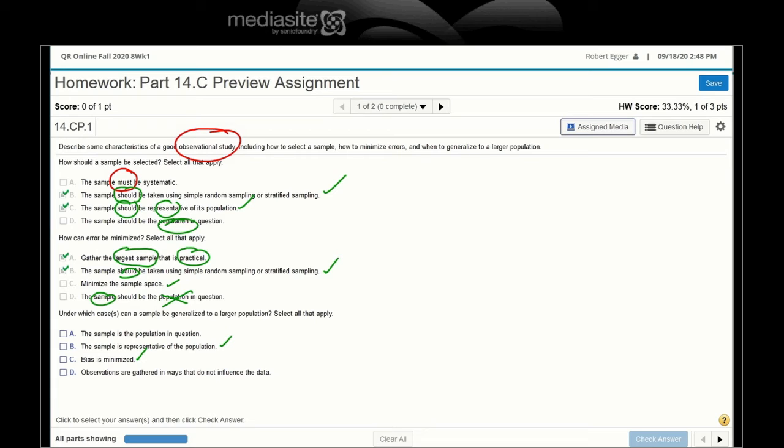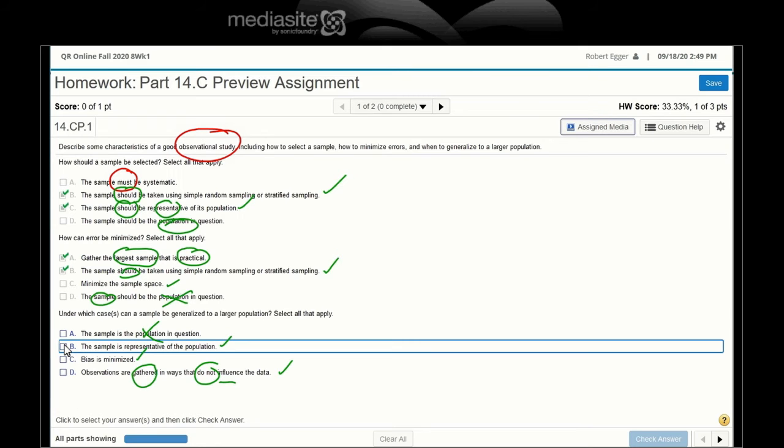Observations are gathered in ways that do not influence the data. And again, we're trying to do this so we don't have to use the population. Looks like B, C, and D.